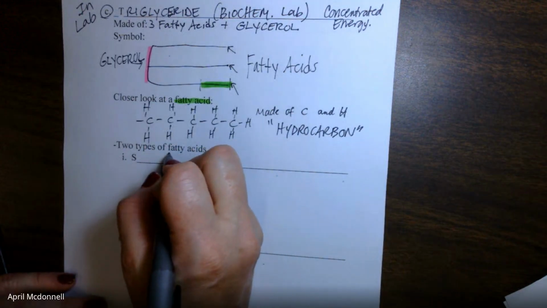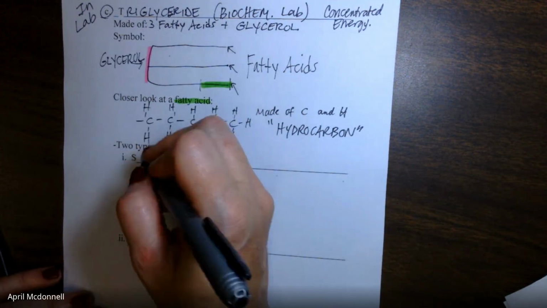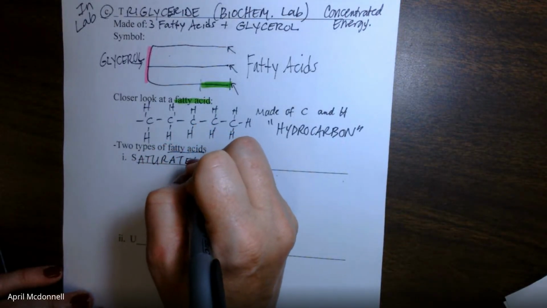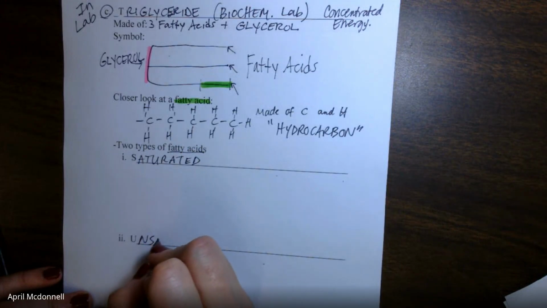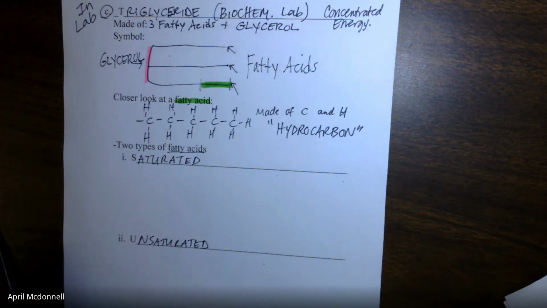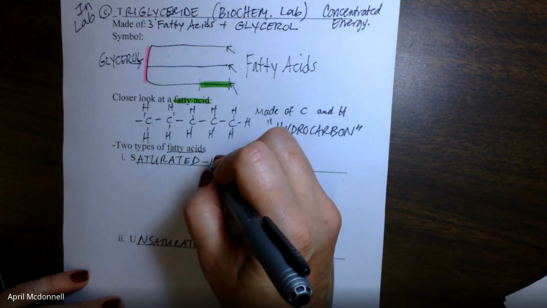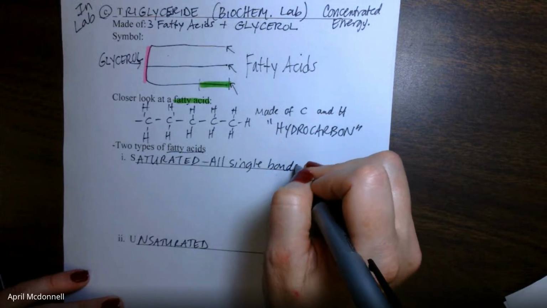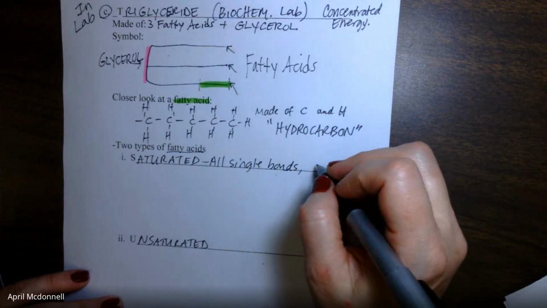There are 2 types of fatty acids that you have heard about before. They're called saturated fatty acids and unsaturated fatty acids. The saturated fatty acids contain all single bonds and tend to be solid at room temperature.